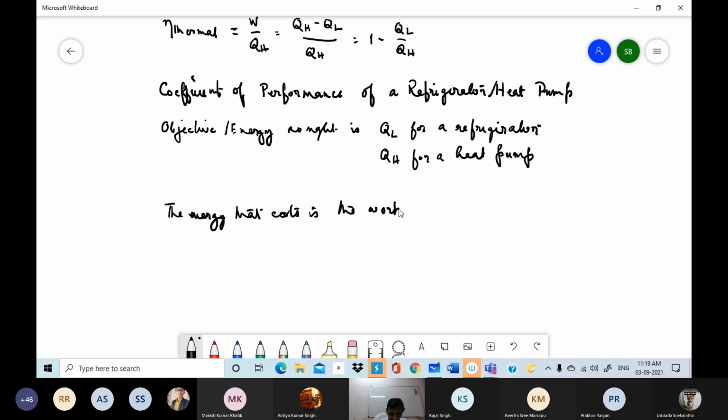So if it's a refrigerator, you connect it to the mains and it draws power. So that is what you pay for. So that is what costs you. And this is the useful output which you get, QL for a refrigerator, QH for a heat pump.